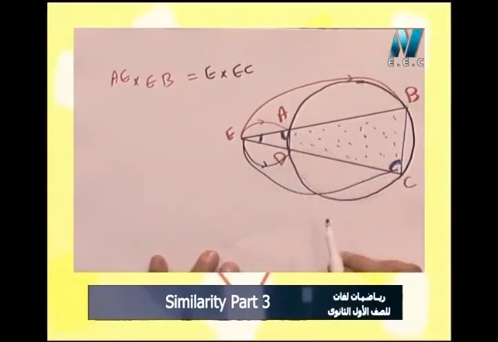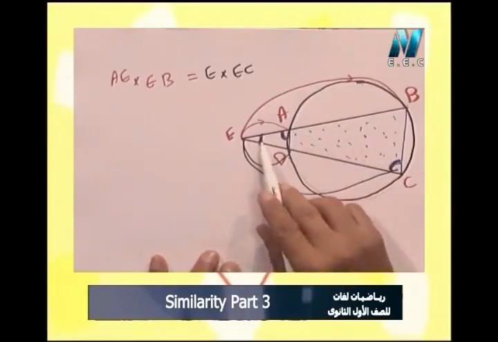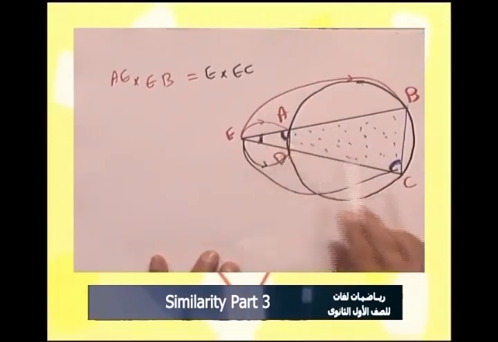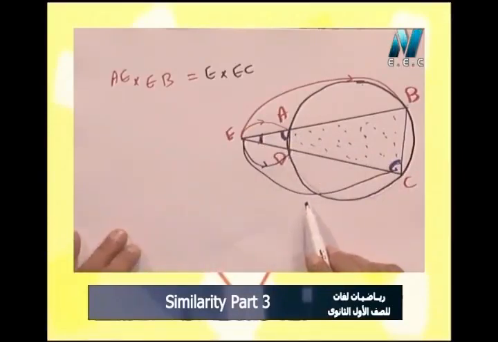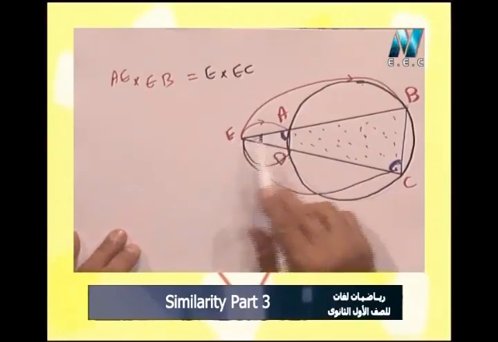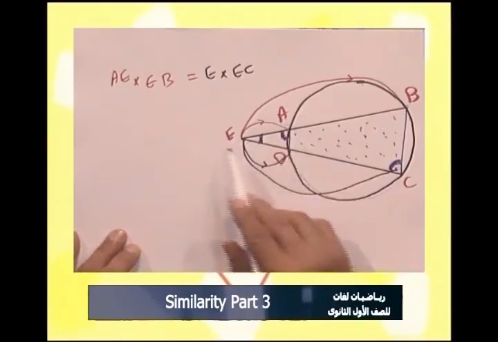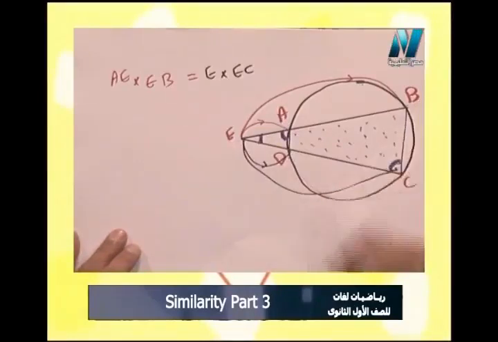So we can say that this is a common angle, and this angle equals this angle. So we have AA similarity, or angle-angle similarity. So we can easily prove that triangle AED is similar to triangle ECB. We can write them in order.